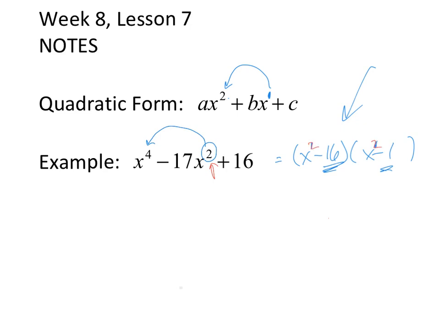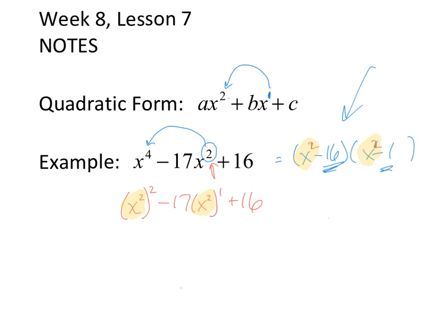Okay. Another way to sort of think about this is you could rewrite this problem like this. Where, and I'll highlight it for you, the stuff inside the parentheses is what you have over here.